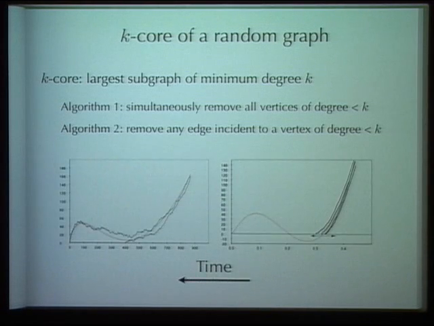So I'll show you this with some plots. Time is going sort of this way, and on the vertical axis we have the number of light vertices. On the left plot, the graph is relatively sparser, so the expected trajectory is this red thing. And as you can see, it never hits 0 before it eats the entire graph.